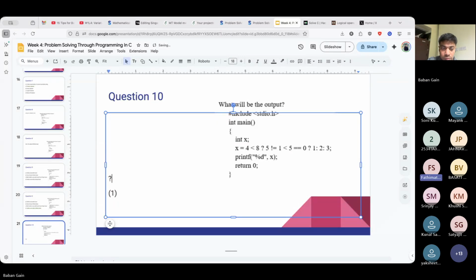5 not equal to 1 is true. Sir, again, the less than symbol is there, no, sir, in between 1 and 5.